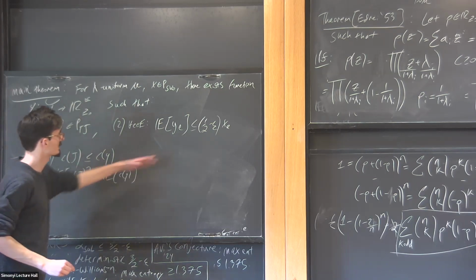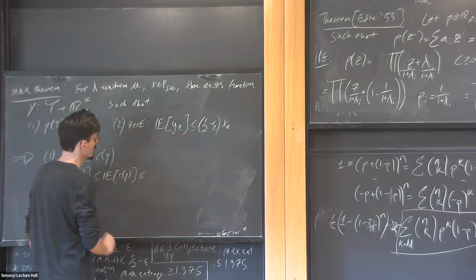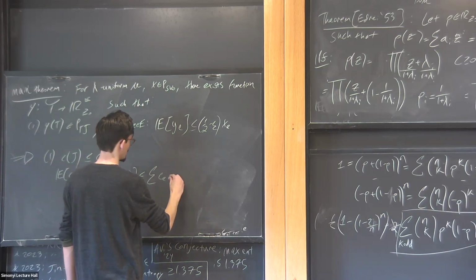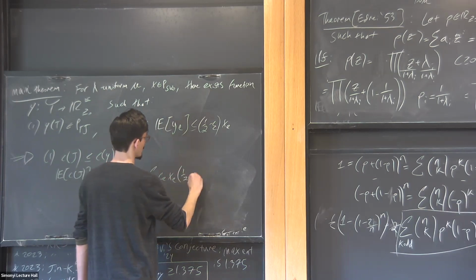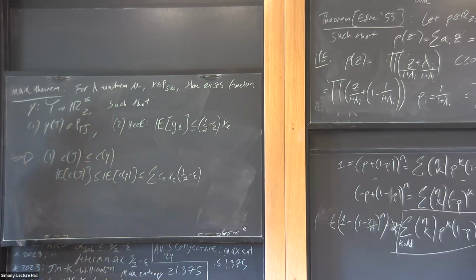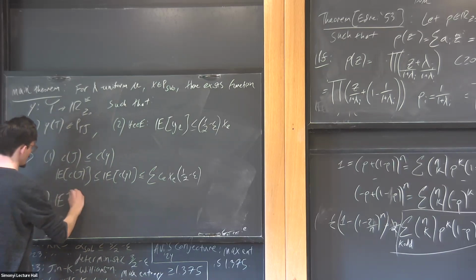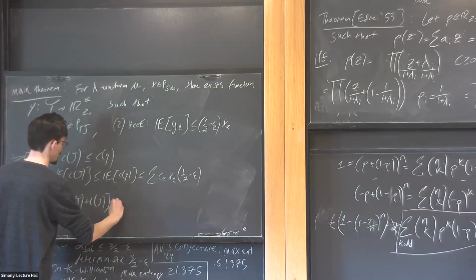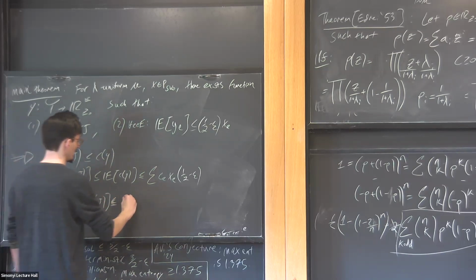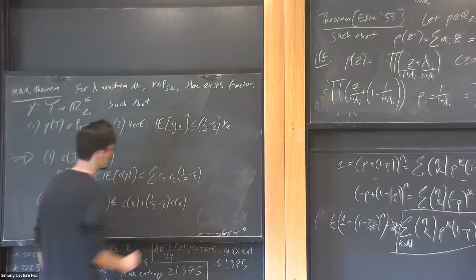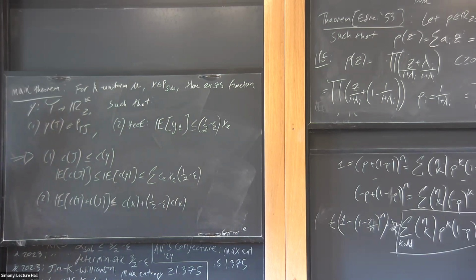But now we can use the second thing. This is at most the sum of c_e x_e times 1/2 minus epsilon, where we use linearity of expectation in the second fact. Since the cost of the tree is equal to the cost of x, this is going to be at most the cost of x plus 1/2 minus epsilon times the cost of x. This is going to be our approach.